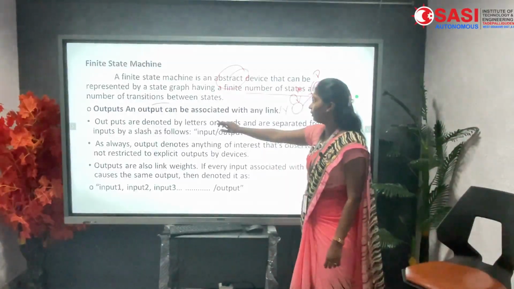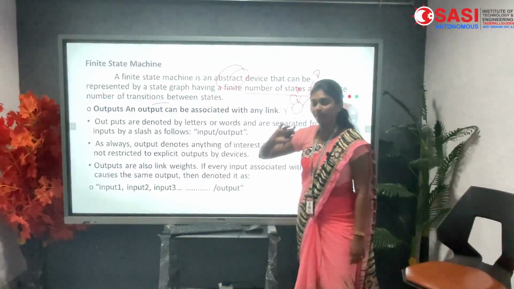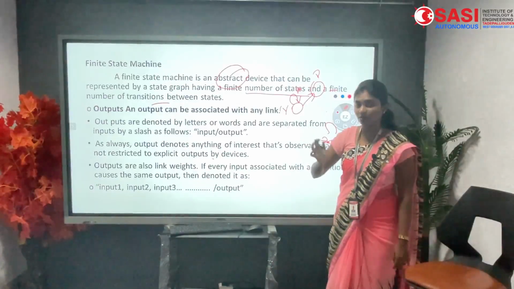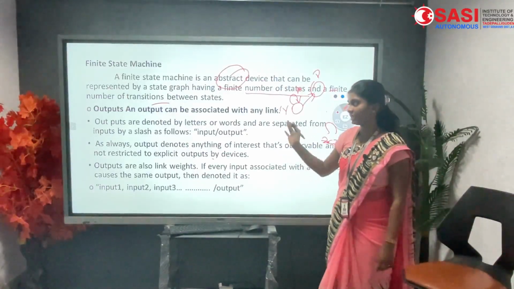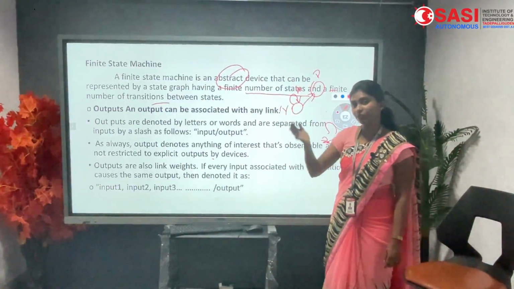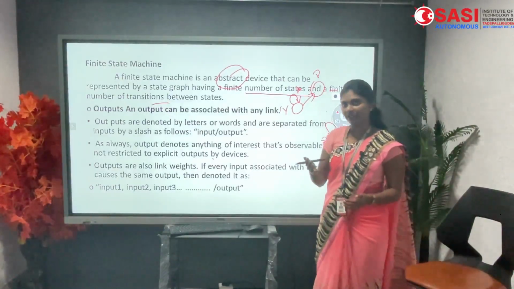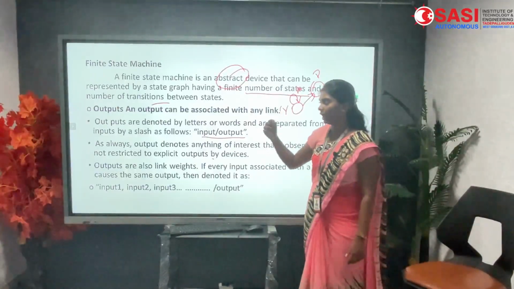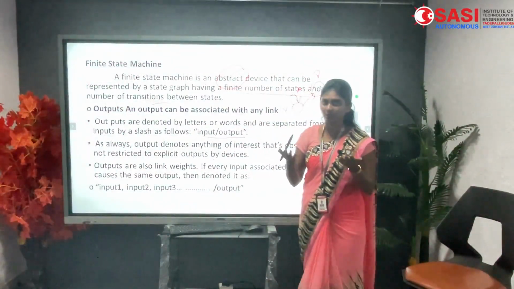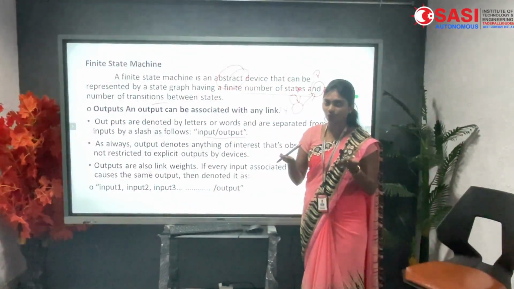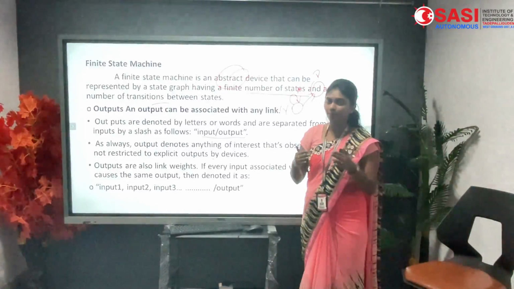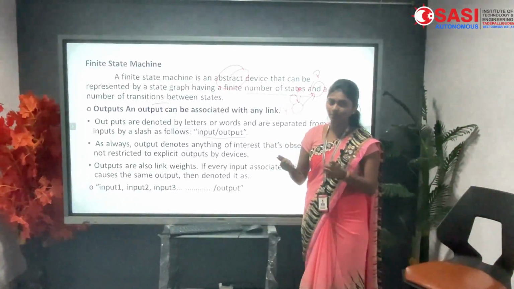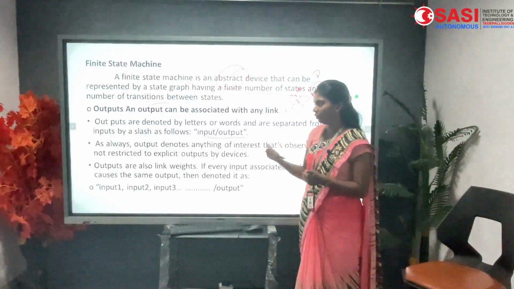Output is denoted by letters or words, defined based on the input. It is represented as input slash output. Output is denoted by the letters or words, so these letters or words are combined as input slash output, giving both at a time in the output state.